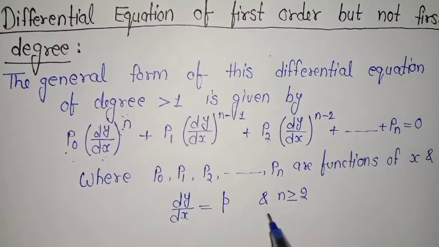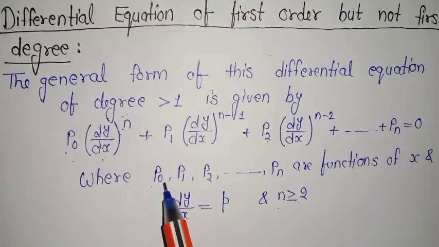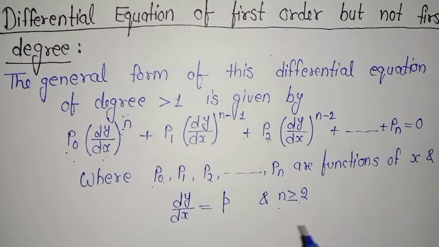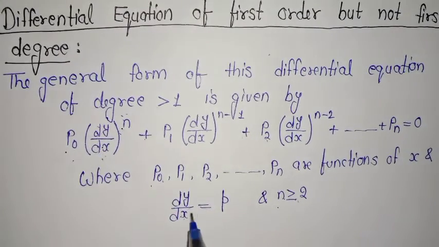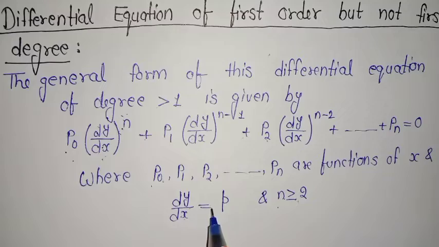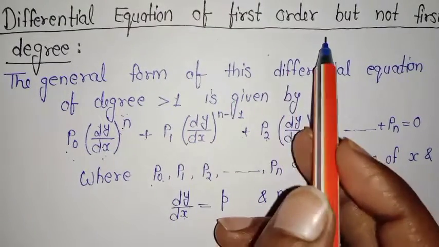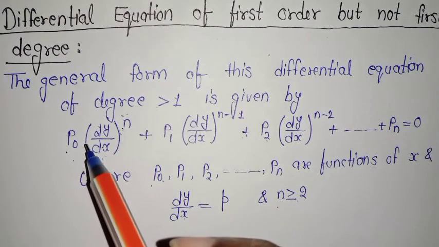So the value of n is always greater than or equal to 2. And P0, P1, P2 and so on, Pn are functions of x and y. And dy/dx, here we can replace by p. So this type of equation is known as a differential equation of first order but not of first degree. I hope you understand the definition.